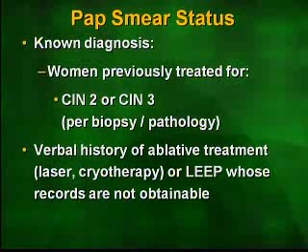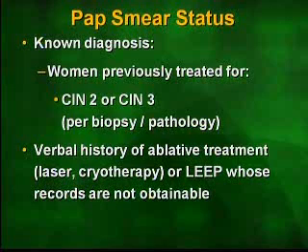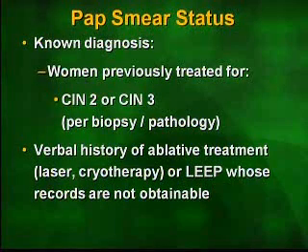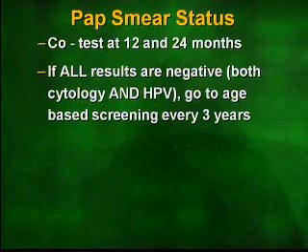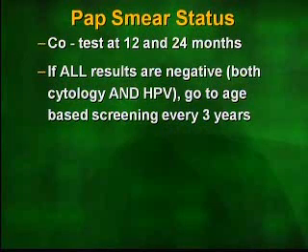If we don't have results of a patient that's had either a CIN2 or a CIN3 per biopsy or pathology, or they have a history of an ablative treatment or a LEEP and we don't have the records, we want to do the co-testing, which means a Pap and an HPV at 12 and 24 months, and then go to every 3-year screening based on their age.